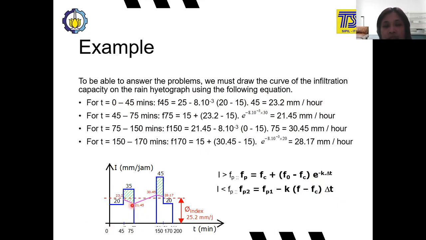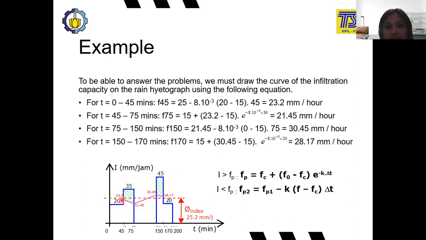And then we calculate again for the next time step. Here we got 45 until 75 minutes. And for this 45 until 75 minutes, we have to compare whether the rainfall intensity or the capacity of the infiltration is bigger or smaller.